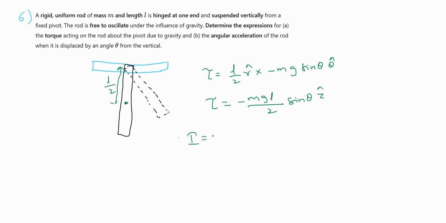Moment of inertia I is equal to 1 by 3 m L square. So angular acceleration will be torque by moment of inertia. That will give us minus 3 by 2 g by L sin theta. So this is the angular acceleration we got.